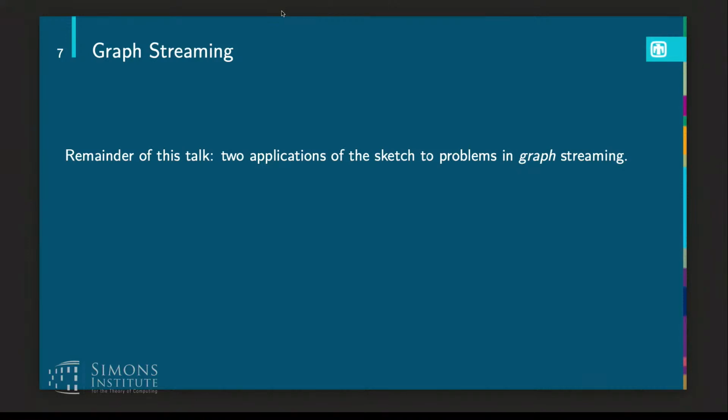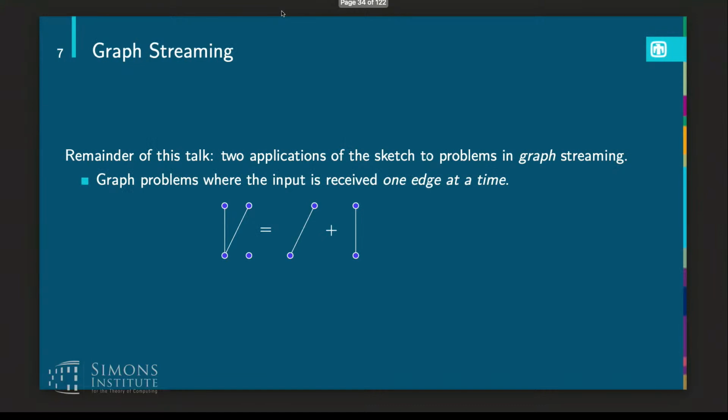Just to make sure we're on the same page, these are graph problems where you have some very big graph and you're receiving it one edge at a time. The objective is to answer some question about the graph while using as little space as possible.